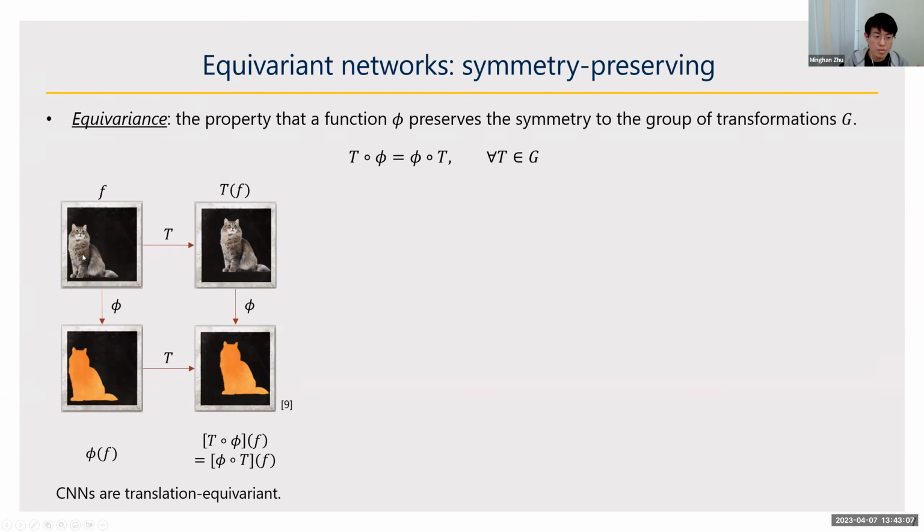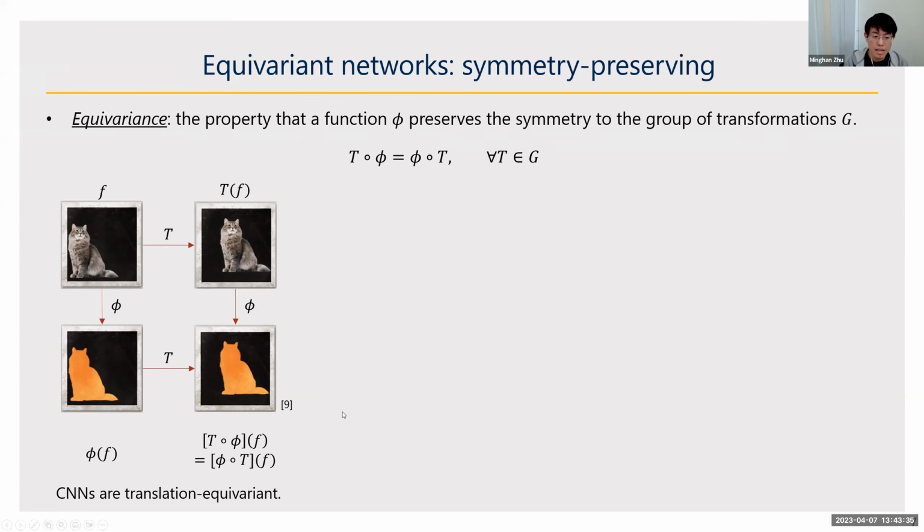The model does not learn the cat at every position of the image separately. Instead, you learn to segment the cat in one image, and then you move around the cat to arbitrary positions. The model automatically generalizes and knows how to segment the cat. So this is the benefit of equivariance in learning that we all are very familiar with today.